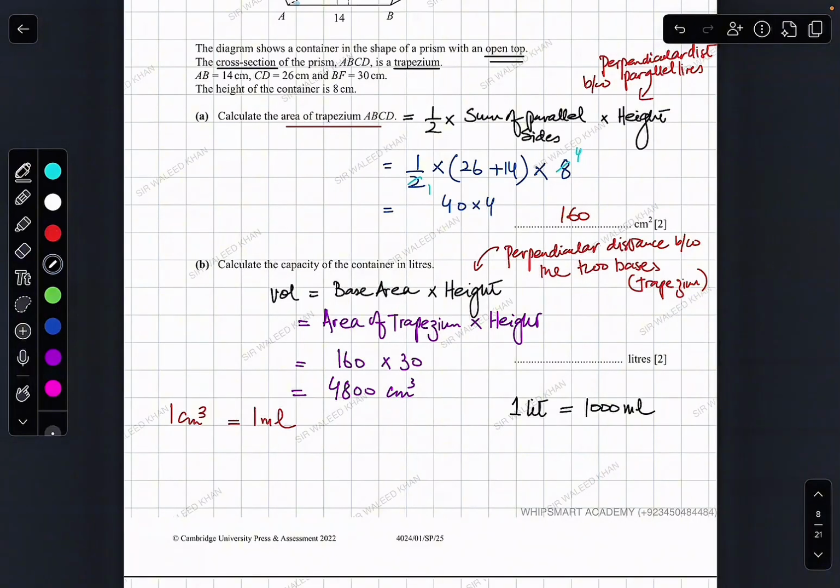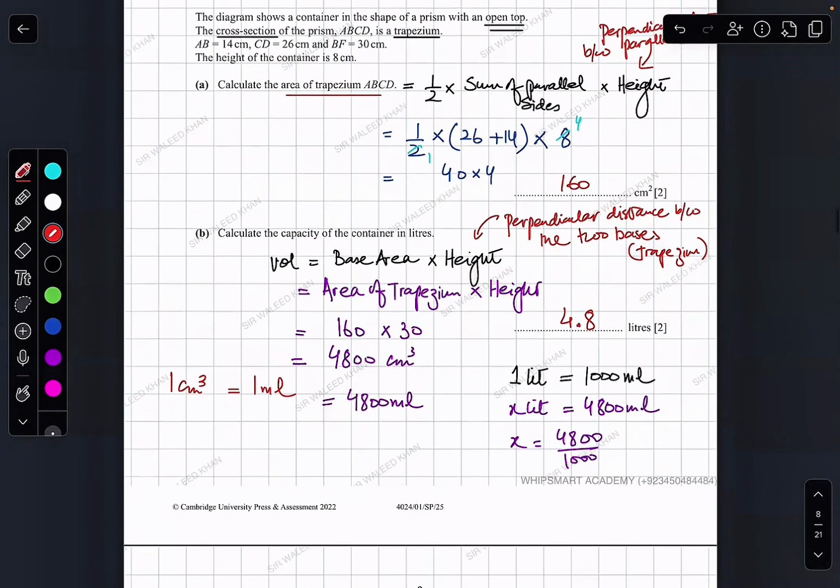So to convert it, that means we are dealing with 4800 milliliters. To convert it, I just have to divide it by 1000. For those who get confused, you can just use proportions. How many liters will be equivalent to 4800 milliliters? Proportions, cross multiply, x is equal to 4800 by 1000. So 4.8 liters. Be very careful with such kind of calculations.